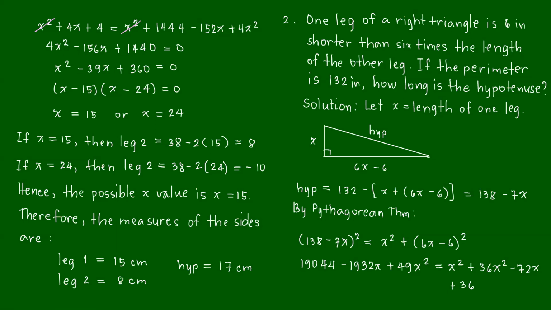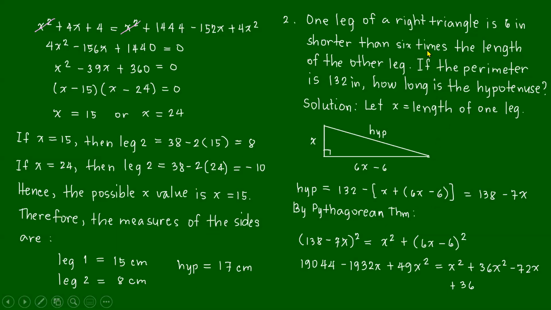How long is the hypotenuse? Let x be the length of one leg. Then the hypotenuse is equal to the perimeter minus the sum of the two legs. So we get 132 minus the sum of x and 6x minus 6. Why 6x minus 6?